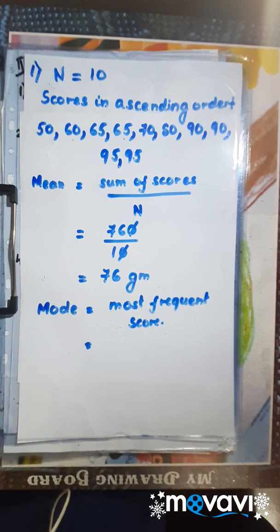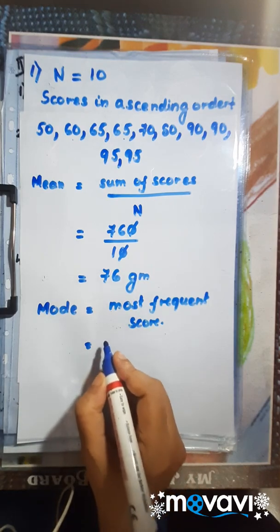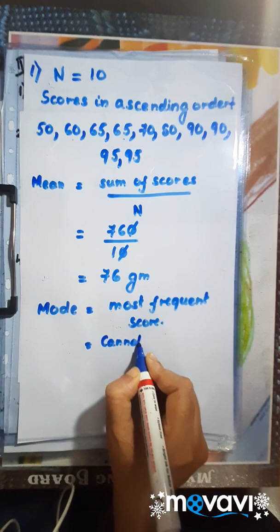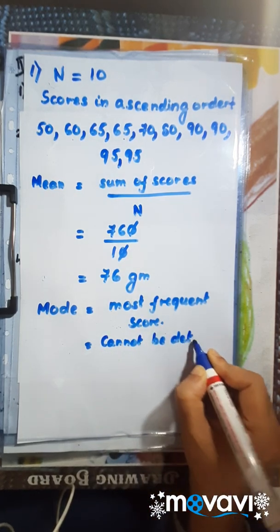And how many times is 95 there? Also twice. Okay. So, our mode, we will say, cannot be determined. We will say most frequent score cannot be determined because it is three numbers, no?